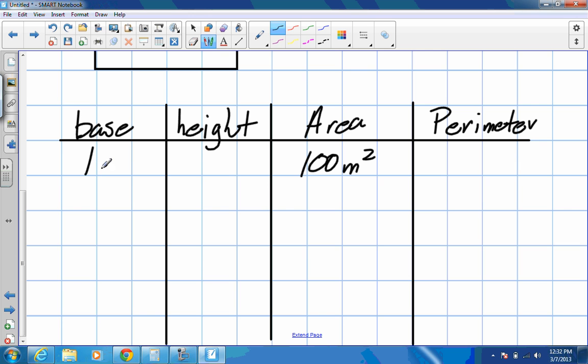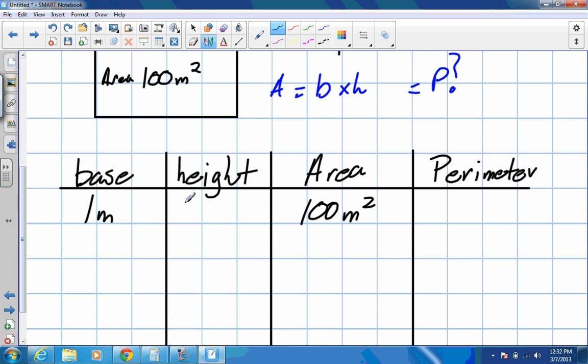So let's say we had a base of 1 meter. What would the height of this object have to be in order to get that area? It'll have to be 100, right? Because remember, the operation we use here is multiplication to find our area. So we'll need a height of 100, which means we're going to have 2 sections that will be a meter and 2 sections that will be 100 meters.